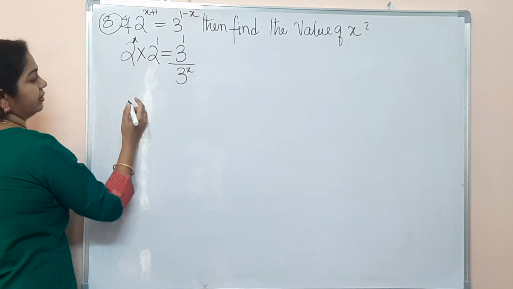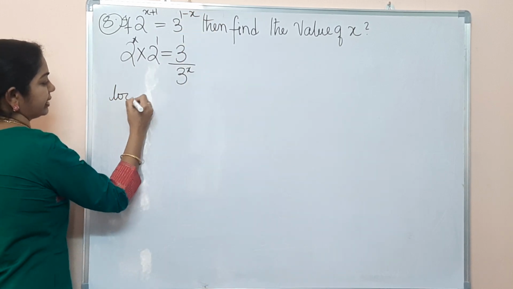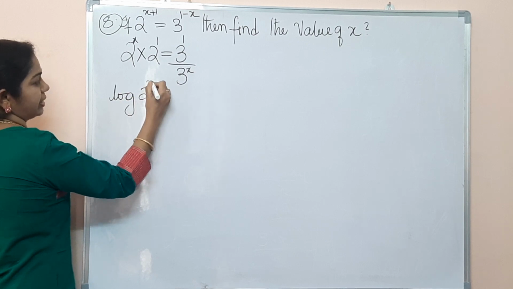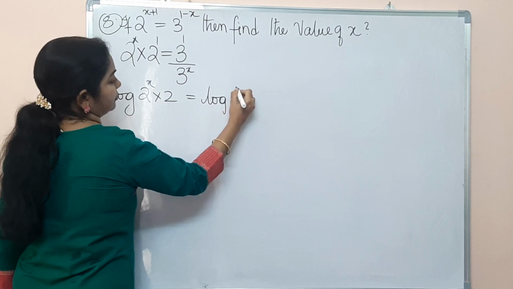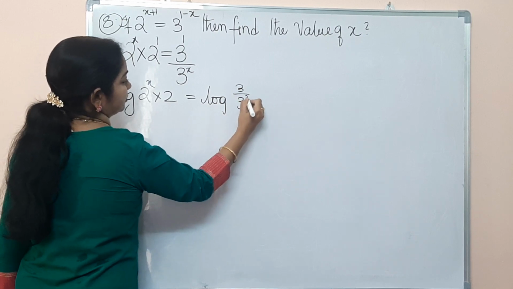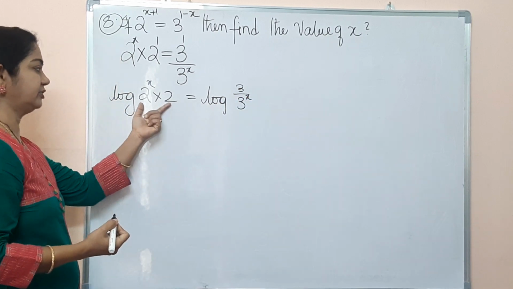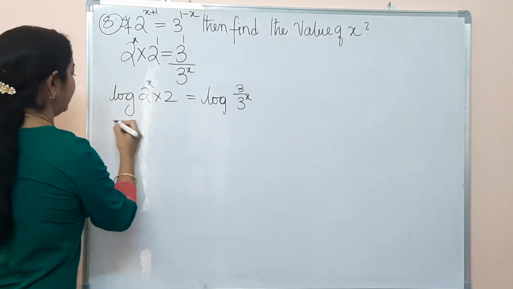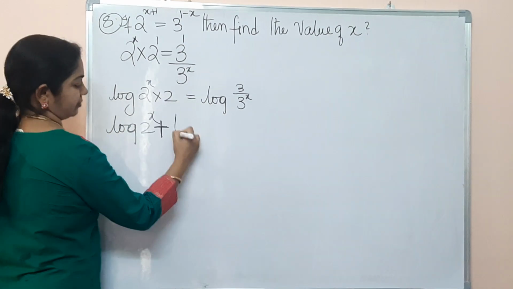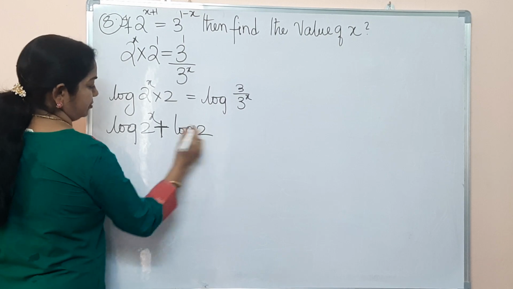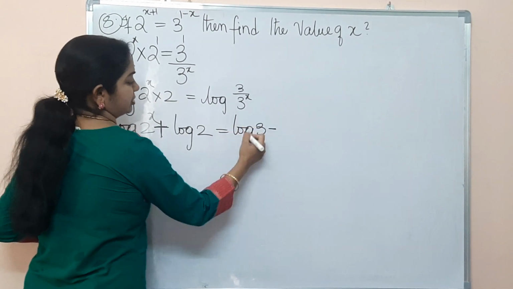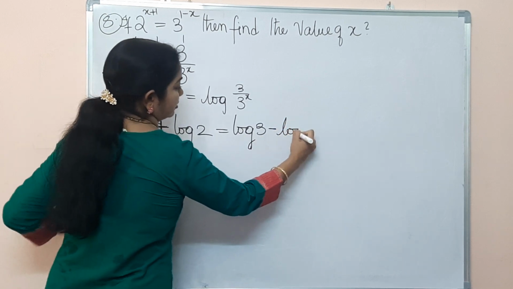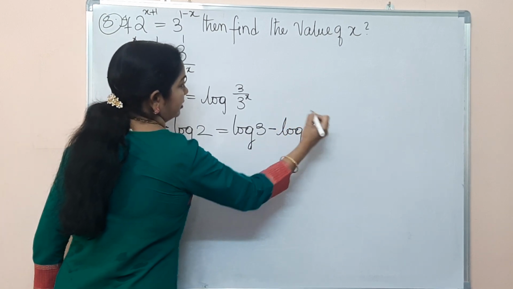Okay, now here let's apply log both sides. Log 2 to the power x into 2 is equal to log of 3 to the power of x, again division, so we will separate it. This comes to log 2. So this is log 2. Multiplication I have separated into addition. Now this is log 3 minus log 3 to the power of x.